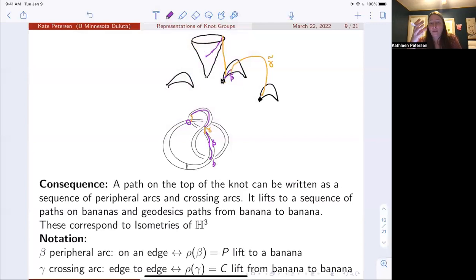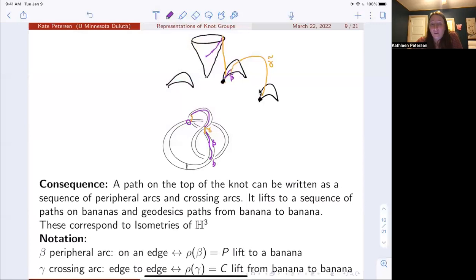And because when I take smaller and smaller neighborhoods, I take concentric bananas, that actually gives me even more information. The preferred ideal point here at infinity must go to that ideal point there. I know a lot about this isometry. I'll get back to that. Anyway, it's uniquely determined. And then I could follow with this one and with that one.